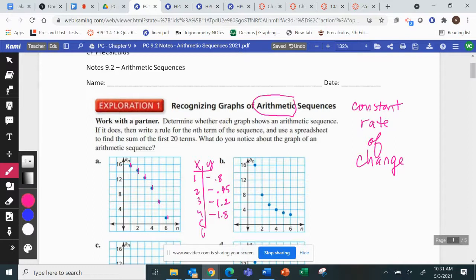So I'm just guesstimating because I don't know the exact values. But since we're not going down by the exact same thing each time, that is not constant. So this would not be arithmetic.